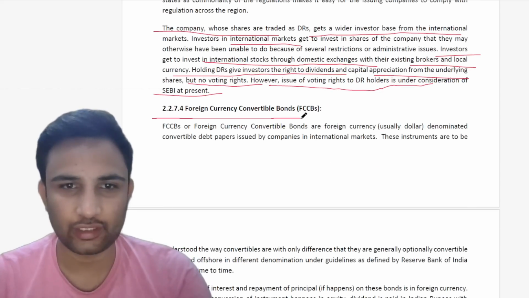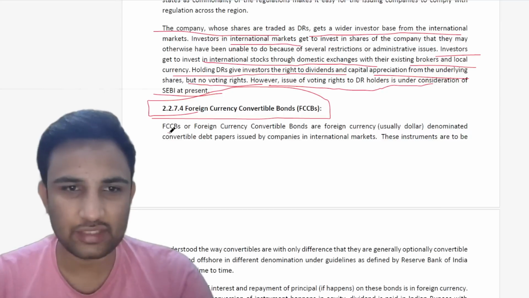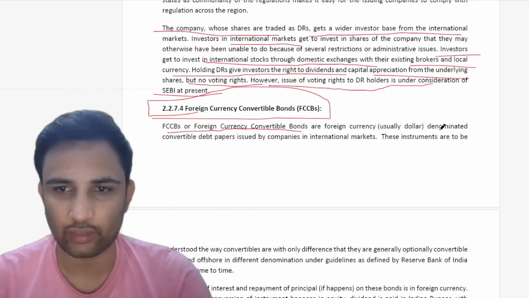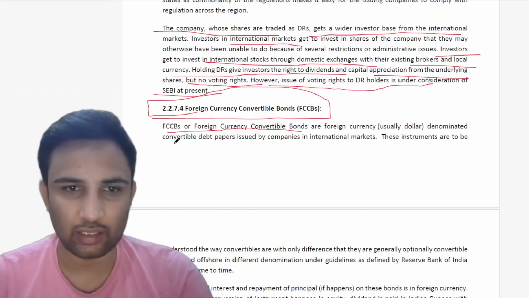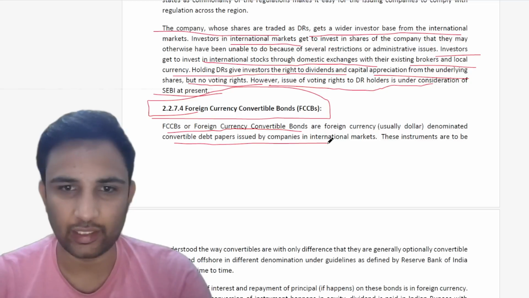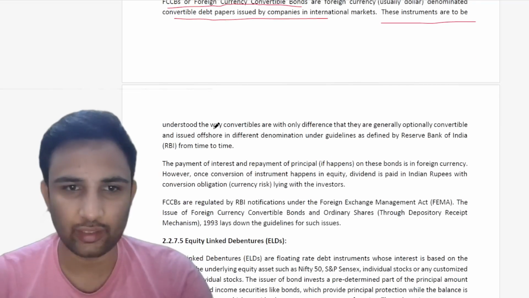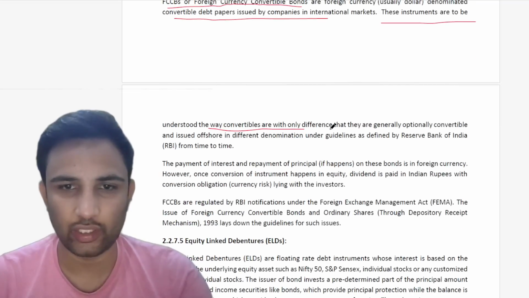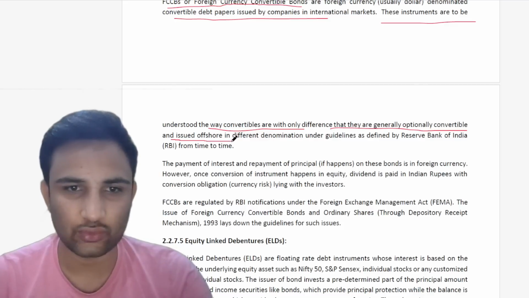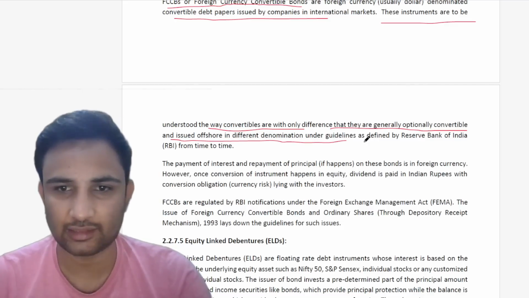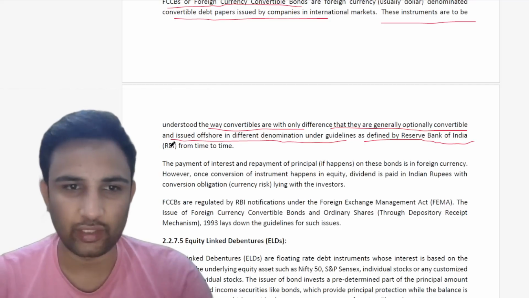Next term we have is foreign currency convertible bonds, that is FCCBs. FCCBs are foreign currency, usually dollar, denominated convertible debt papers issued by companies in international markets. These instruments are to be understood the way convertibles are, with the only difference that they are generally optionally convertible and issued offshore in different denominations under guidelines as defined by the Reserve Bank of India, that is RBI, from time to time.